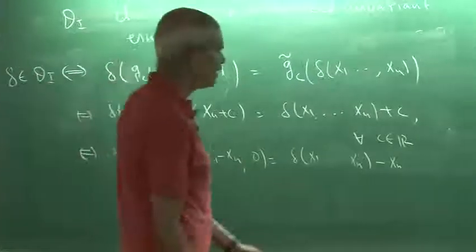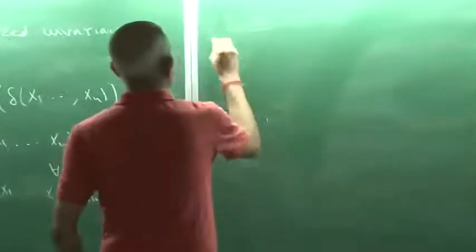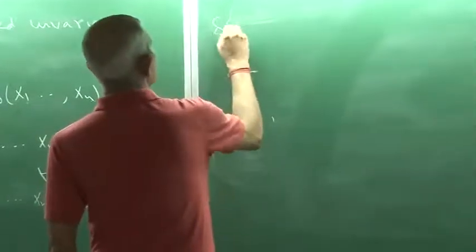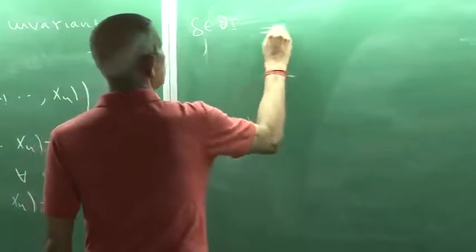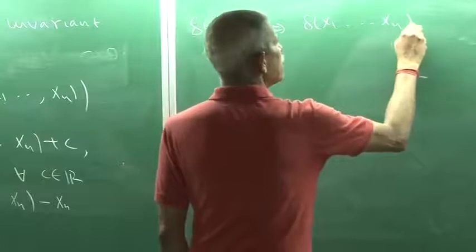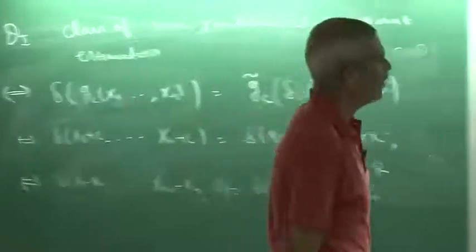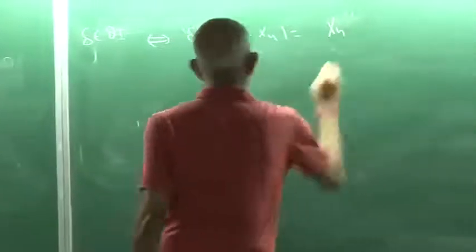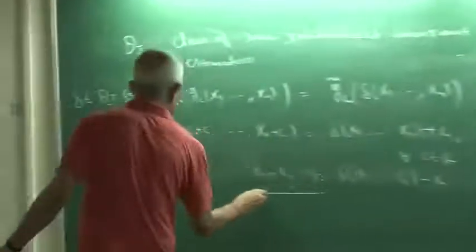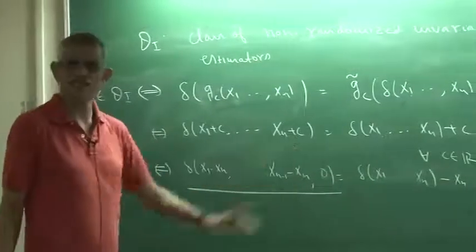So what does this say? I get immediately the form of any invariant estimator. So delta belongs to di if and only if delta of x1, x2, xn is nothing but xn plus this quantity, which is only a function of x1 minus xn up to xn minus 1 minus xn.